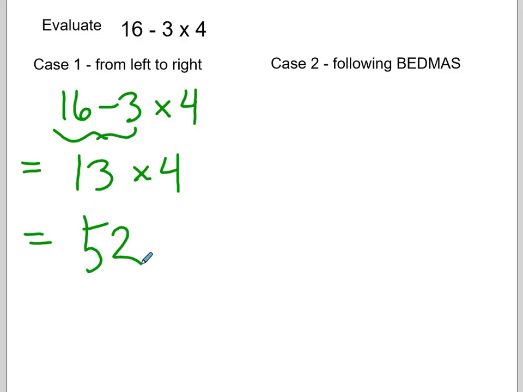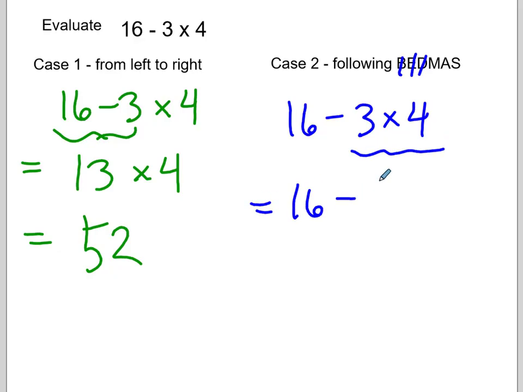Now if you come over here and you do it following BEDMAS, there are no brackets, there are no exponents, there's no division. You do have multiplication, so that means you have to do this first. So 16 minus 12. Now we've done that, we go to addition, there's none, we do have a subtraction, we do that last, and we get an answer of 4.